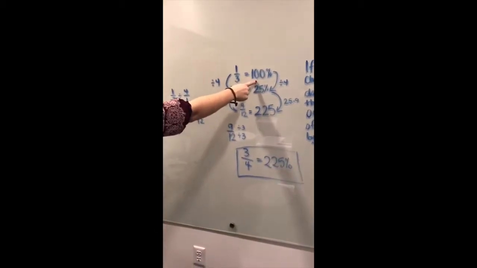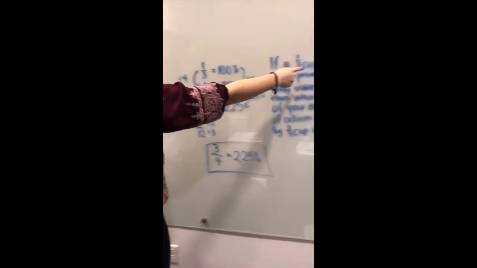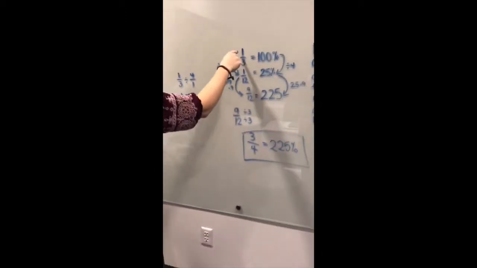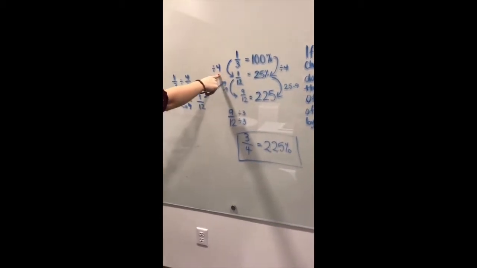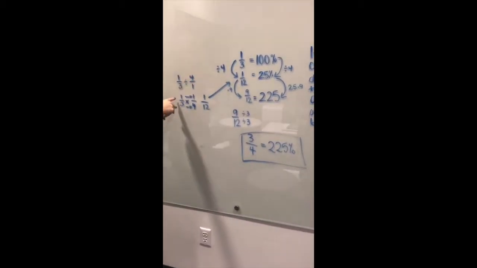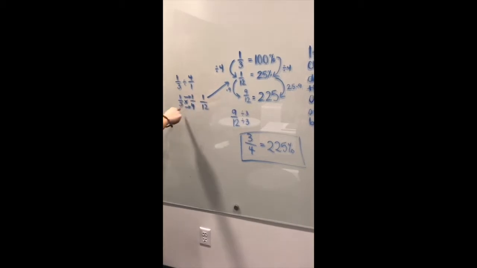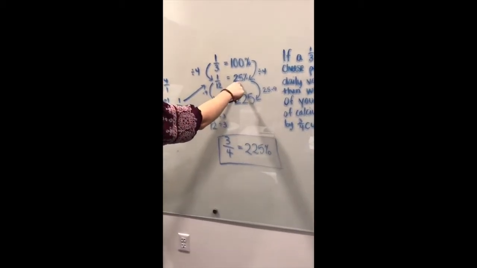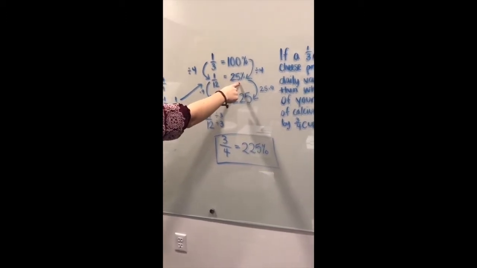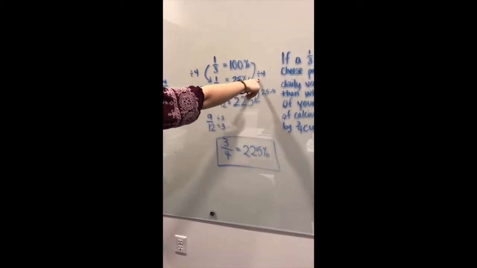If 100% equals 1/3, which we got from the word problem, then we can divide 1/3 by 4, and by doing that we can do the reciprocal and get 1 times 1 is 1 and 3 times 4 is 12, which gives us 1/12 and 25%. We got the 25% because what we do on one side we have to do to the other.